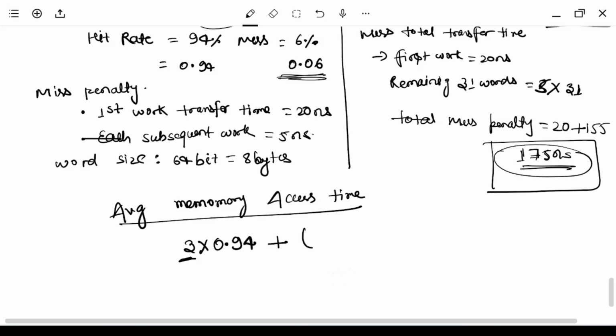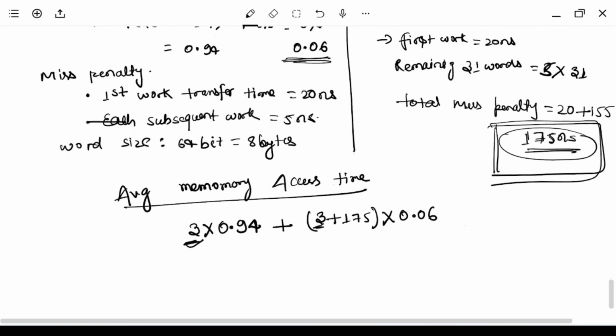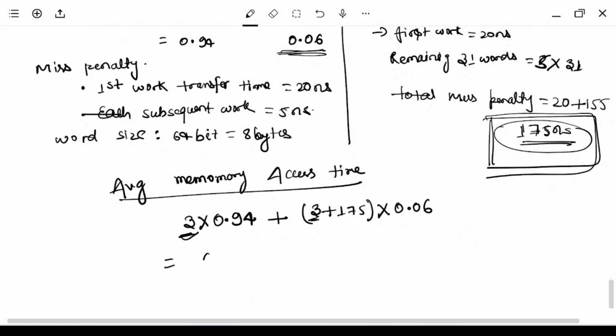Next, if there is a miss, it first accesses the cache memory, does not find it, and then after that this much penalty is incurred for doing the entire process and bringing the block into the memory, which is happening in 0.06 of the cases. So in total it becomes 13.5 nanosecond. So thank you.